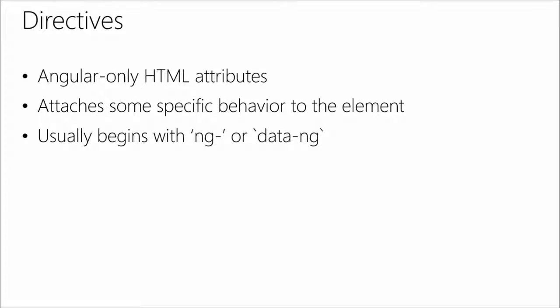You can tell something is an Angular directive by the prefix that it has, which will usually be ng-, or data-ng-, or actually data-ng: is I think what it usually is.